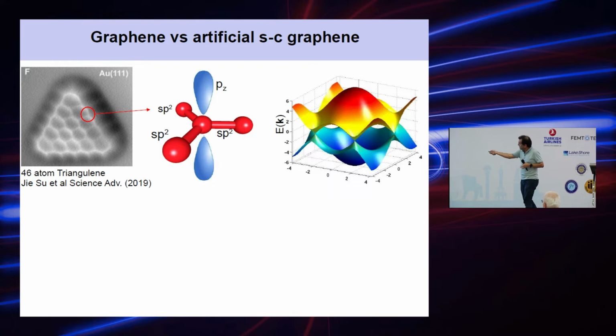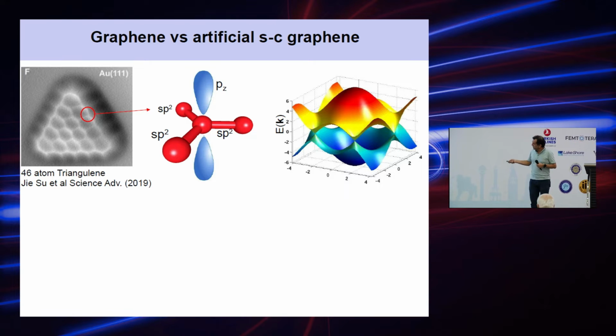So this can be done. It is very, very difficult, but there is still lots of work to do, because most of the theoretical predictions are not yet observed, like magnetic properties, for instance.